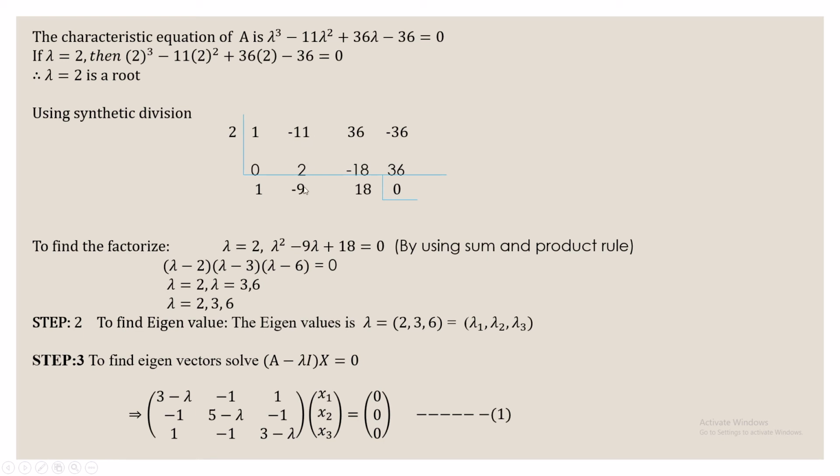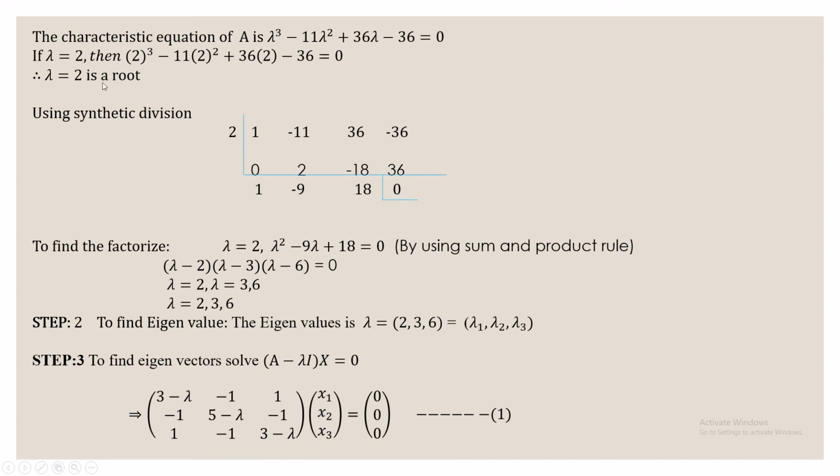Minus 11 plus 2 gives minus 9. Again cross multiply: 2 into minus 9 equals minus 18. Now add 36 minus 18, you get 18. 2 eighteens are 36, this is negative 36 and this one is positive, so the remainder is 0.